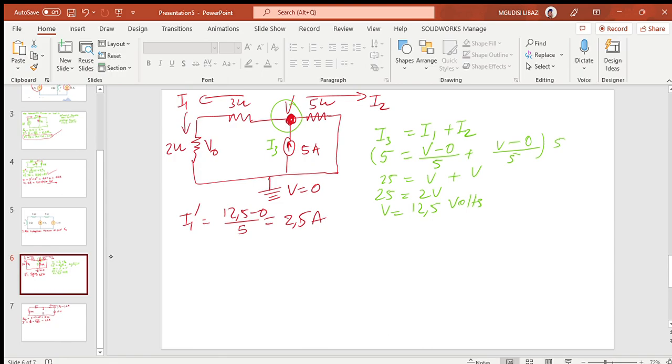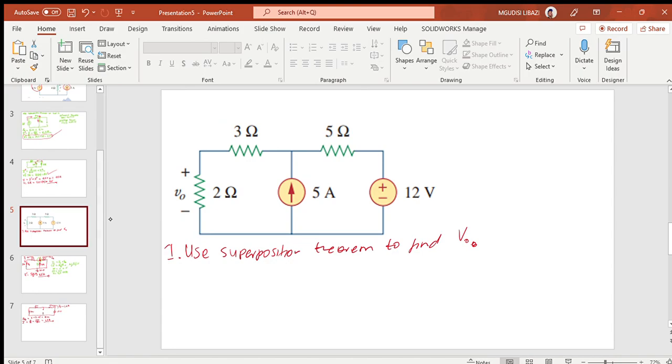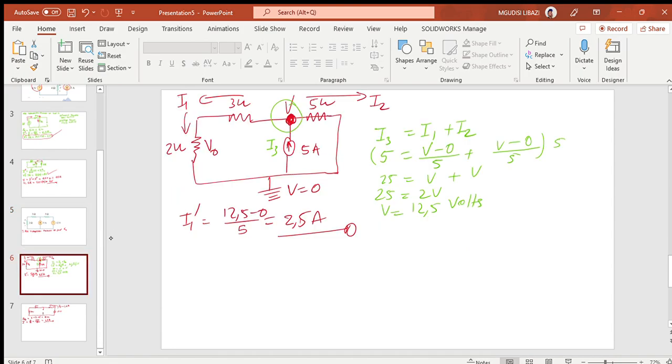So the current traveling through the 2 ohms, we found firstly with the current source, and we found 2.5 amps. We found secondly with the voltage source, 1.2 amps. Now let's check the direction. In the first example, the current was traveling downwards, as you can see from the direction of the current there.